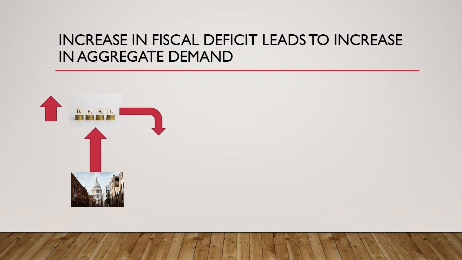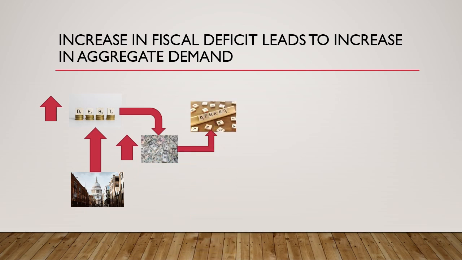It funds its fiscal deficit through money printing. Now, this scenario will be valid even if the government funds its fiscal deficit through crowding out, albeit the degree may change. So the money supply in the economy or the credit in the economy increases, which leads to an increase in aggregate demand in the economy.